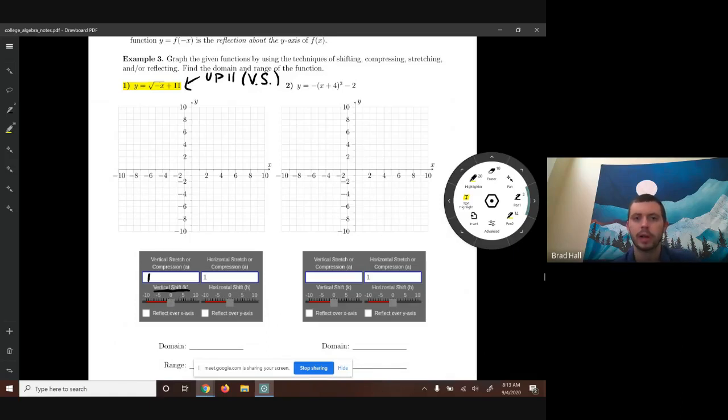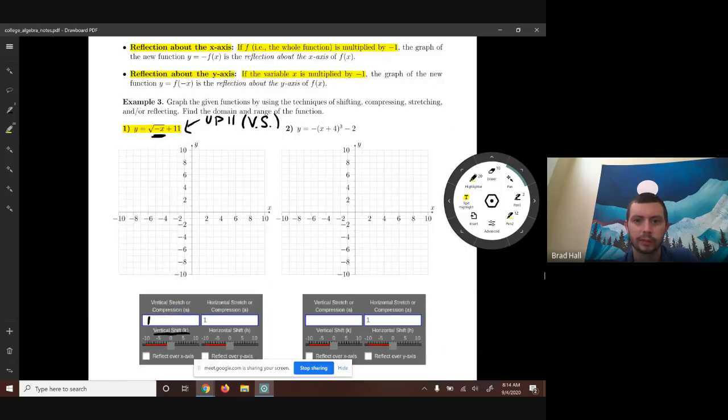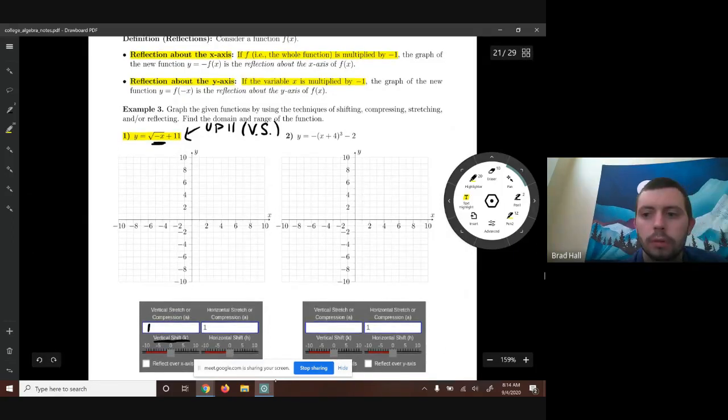And so now the question is, now there's that negative sign. And generally, when you multiply a negative sign, that's what will characterize a reflection of some sort. So I think we can all see that the negative sign is right there on the x. So what does that mean for the negative sign to be on the x? It seems like that one is a reflection about the y-axis.